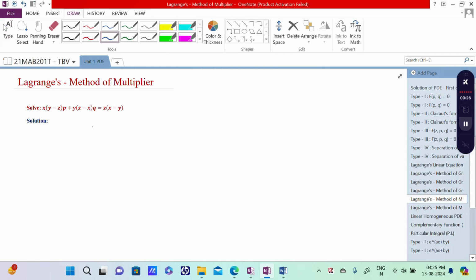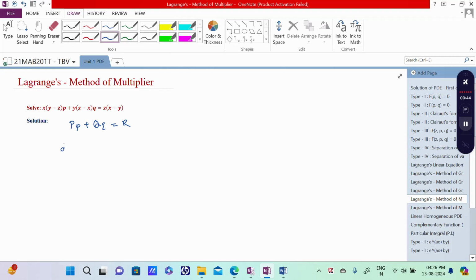Before that, to check the given problem, what is the form? The form is linear Lagrange's form: capital P, small p, capital Q, small q, and capital R. When this is the form, you should write the auxiliary equation.